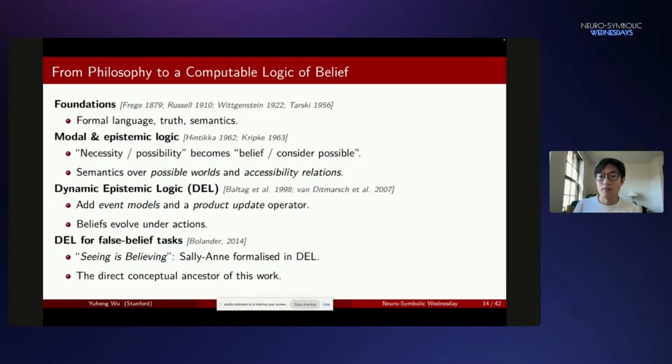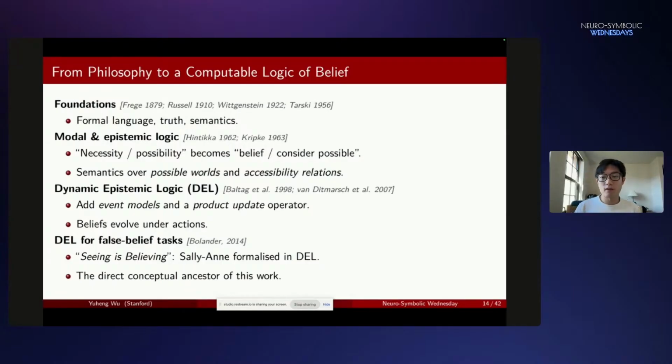They talk about semantics over possible worlds and accessibility relations. We're going to talk about this later. And after that, there's some work on dynamic epistemic logic. In this framework, they introduce new concepts like event models and the product update operator. In that case, beliefs can evolve through actions. So this is dynamic epistemic logic.